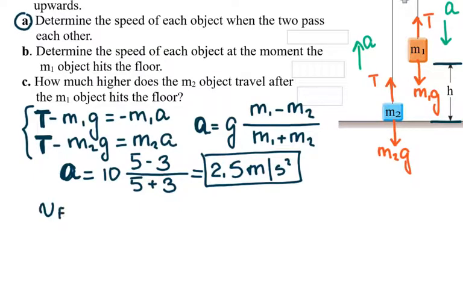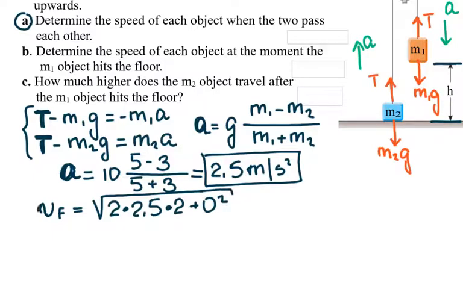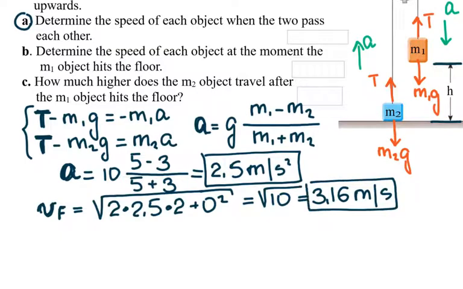The final velocity is equal to the square root of 2 times acceleration 2.5 times distance 2 meters, plus initial velocity squared. If you do not know how I get this formula, go back to my lessons for kinematics, you will find it there. So we have the square root of 10, which is equal to 3.16 meters per second. So I found this velocity.